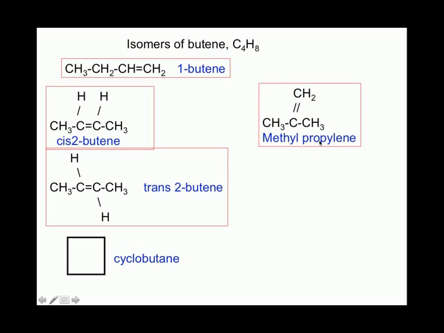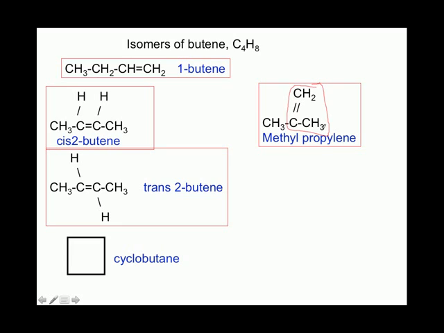Now here's one here, methylpropylene. Now you might wonder, how did I get the propylene here? Well, if I wanted to draw where my longest continuous chain is, I want that double bond between 2 carbon atoms to be part of my chain. So this is really my chain here.